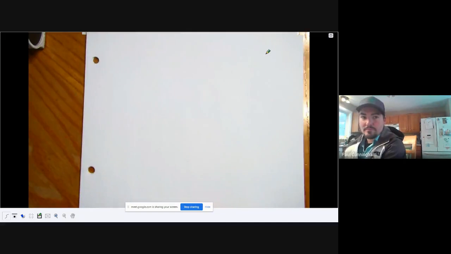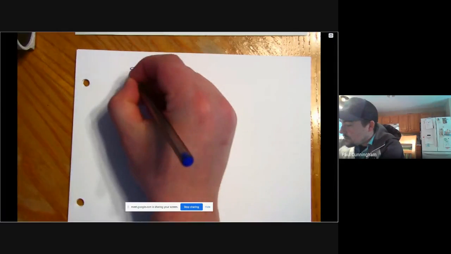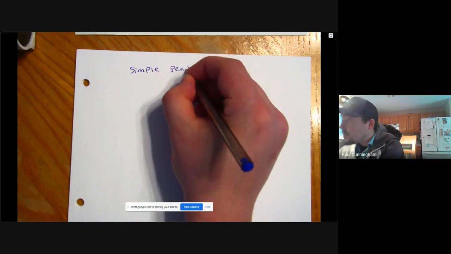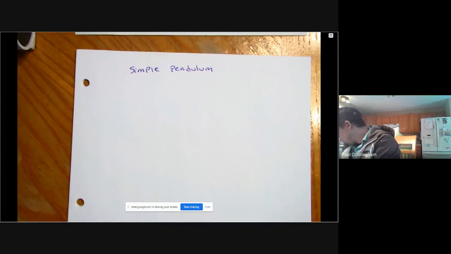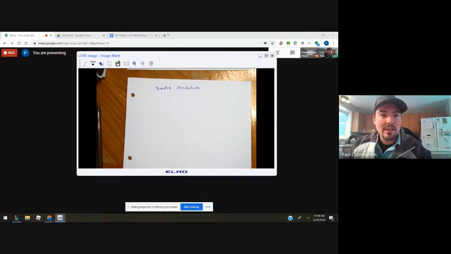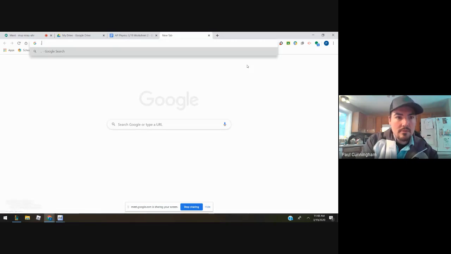Simple pendulum. All right. So what are we talking about? Simple pendulum. Actually, rather than me draw it, I'd rather show you guys.